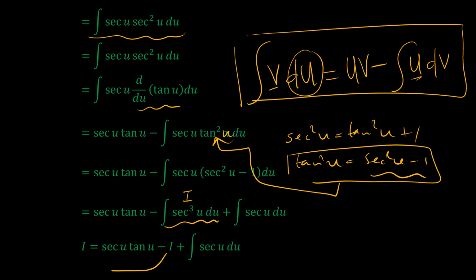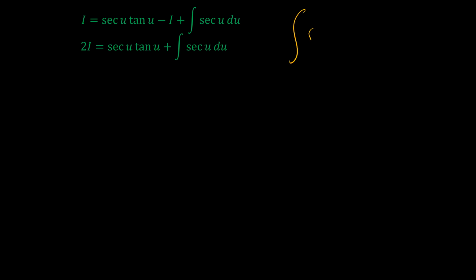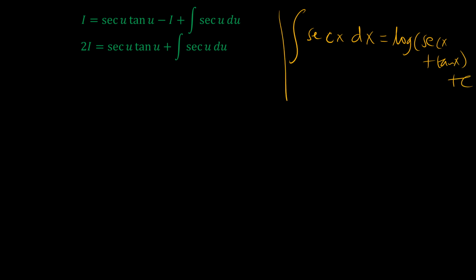So we can pull this I onto the left hand side so that we have two I's being equal to sec u tan u plus the integral of sec u. So I won't go so much into the details, but the integral of sec x is equal to the natural logarithm of sec x plus tangent of x, plus the integration constant c, obviously.